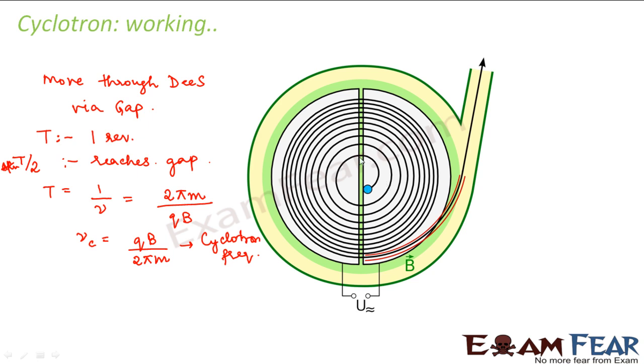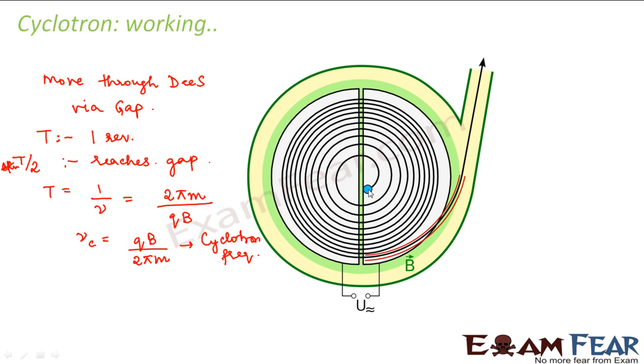As soon as it reaches the gap, it gets accelerated by the electric field, and then again it moves through the other D. Now the applied voltage, the alternating voltage applied to the two Ds, is adjusted such that the polarity is reversed within T by 2.